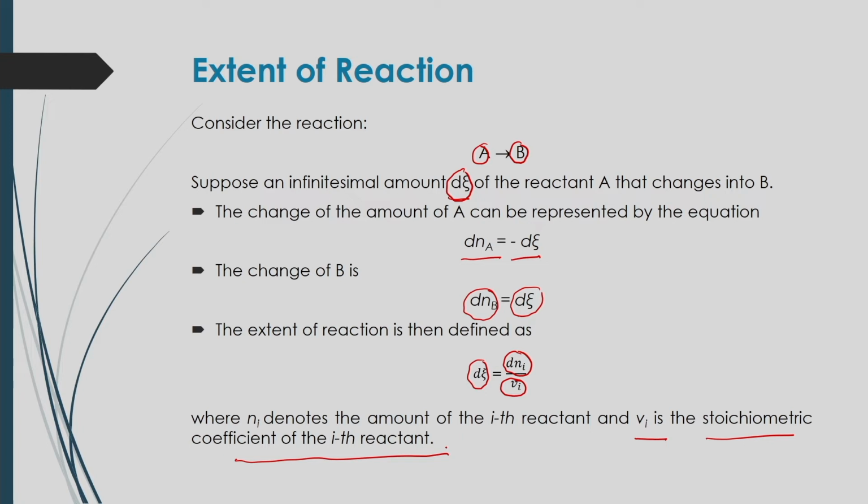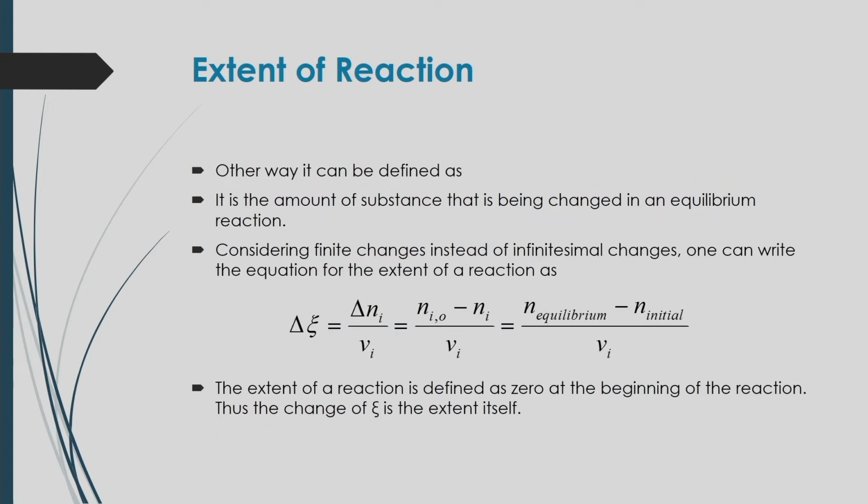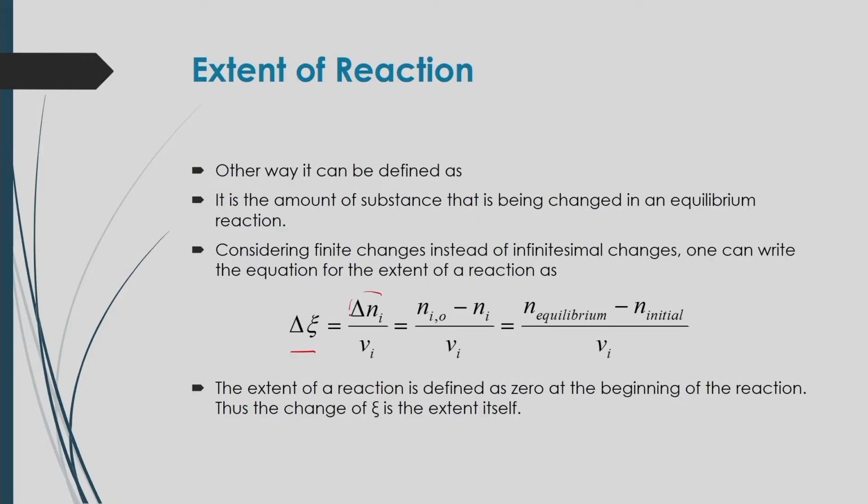In this way you can define the extent of reaction, and in another way it can be defined as the amount of substance that is being changed in an equilibrium reaction. Considering finite changes instead of infinitesimal changes, one can write the equation for the extent of a reaction as delta xi equal to delta Ni by nu i.